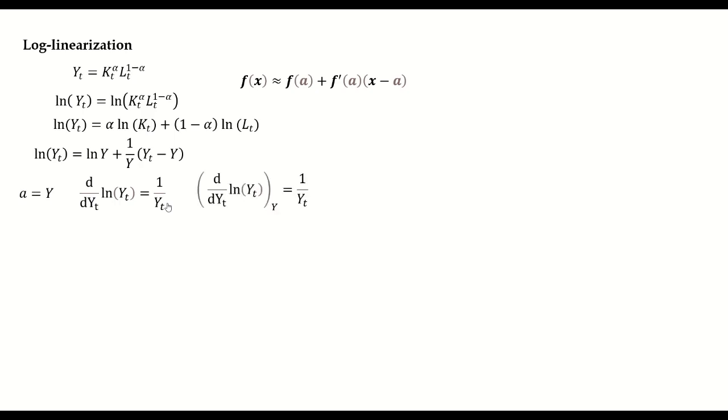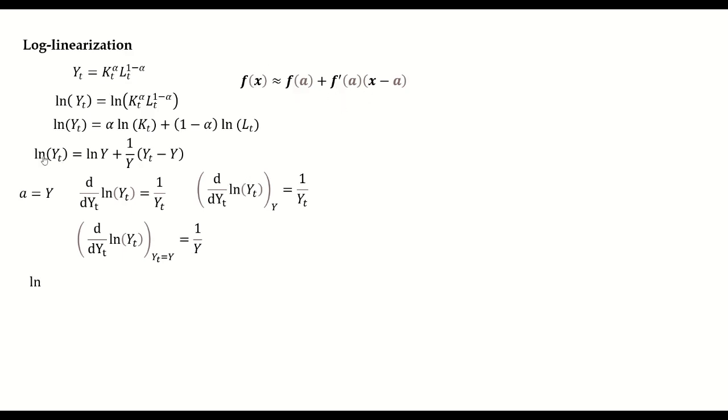When we evaluate it, we get 1 over y. So if we evaluate this first differential at yt equal to y, we will get 1 over y. Now we have all those terms, and we'll just substitute them.